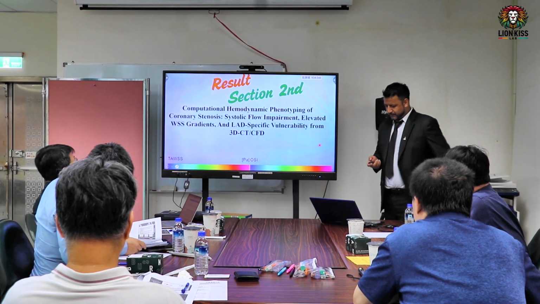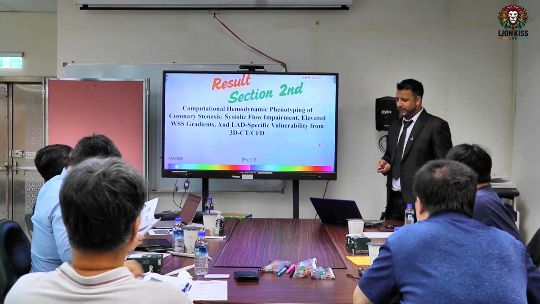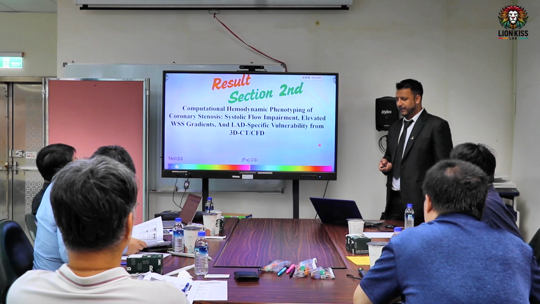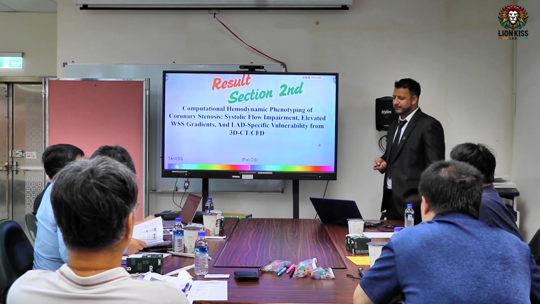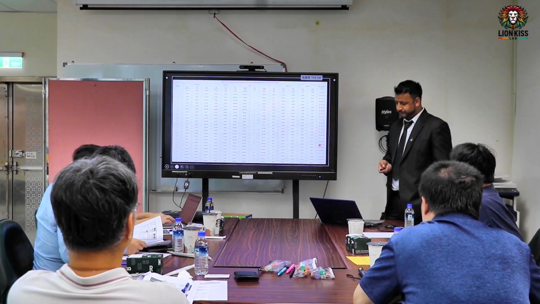So that's the first one, and the second, which is in progress, is the computational dynamic phenotyping of coronary stenosis: systolic flow impairment, elevated wall shear gradient, and LAD-specific vulnerability using 3D CT and CFD.